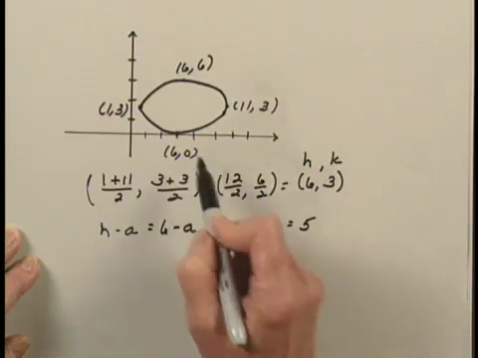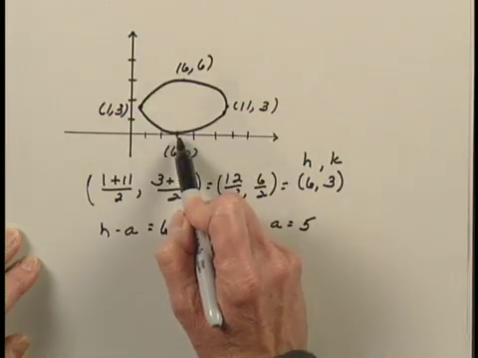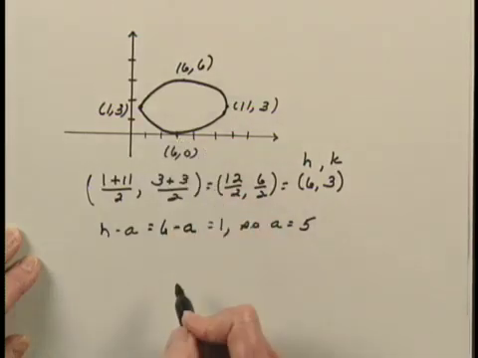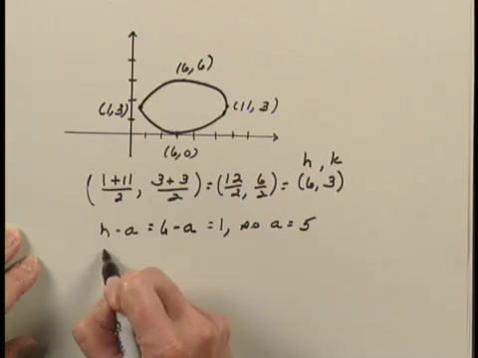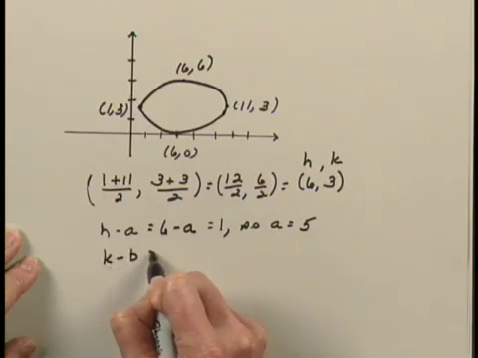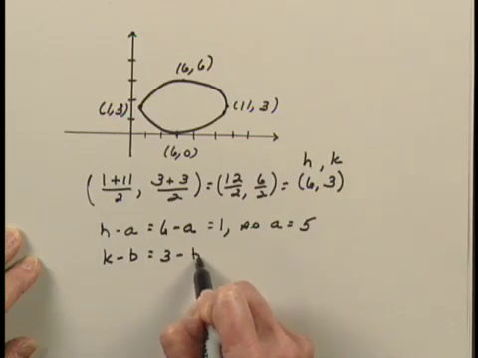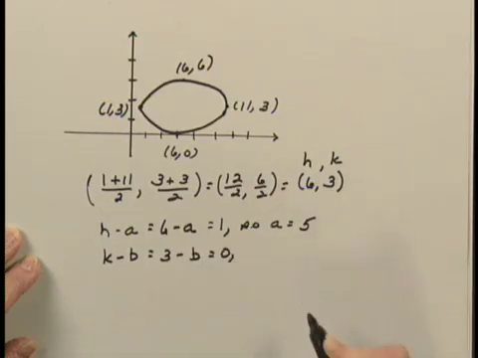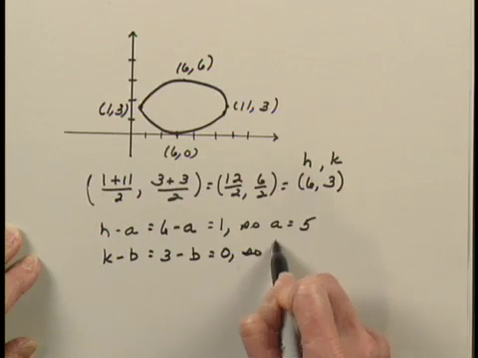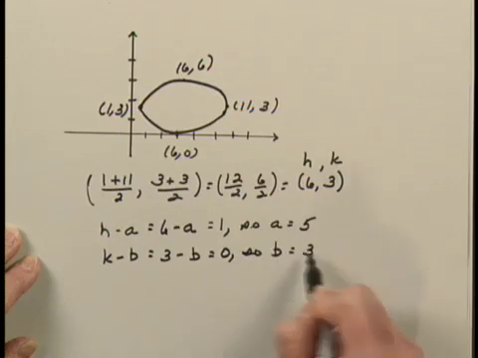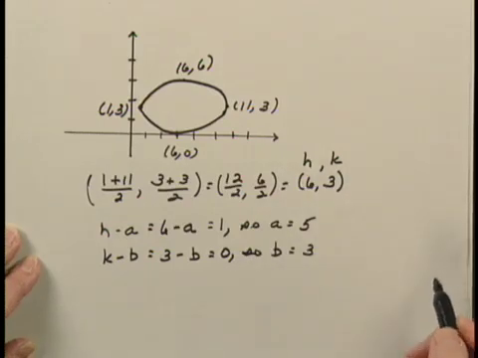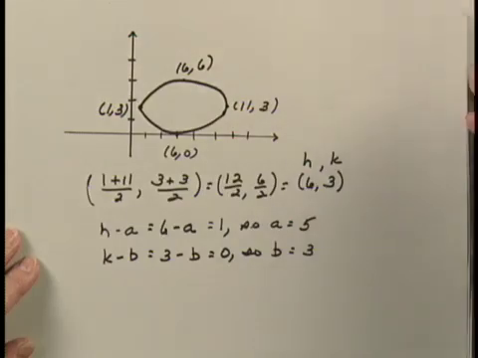And similarly, because we have a point directly below the center, (6, 0), this tells us that k minus b, which is 3 minus b, substituting 3 for k, is equal to 0. So we know that b is equal to 3. And now we found what we needed to know to write the equation of the ellipse.